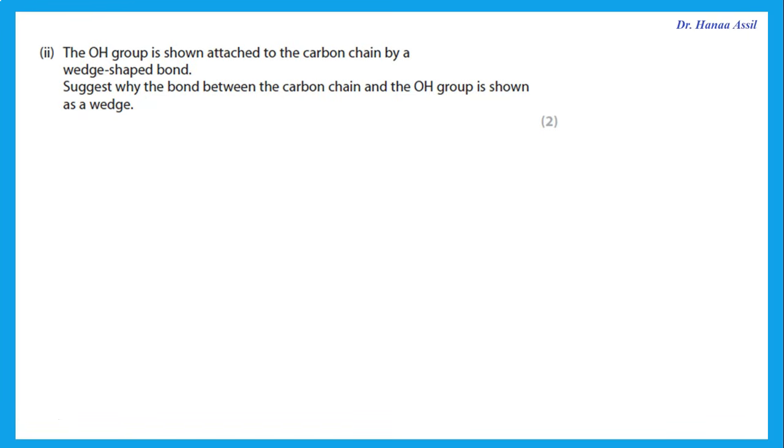The OH group is shown attached to the carbon chain by a wedge-shaped bond. Can you see that? The OH is attached with a wedge-shaped bond. So explain why the bond between the carbon chain and the OH group is shown as a wedge. What does that mean?